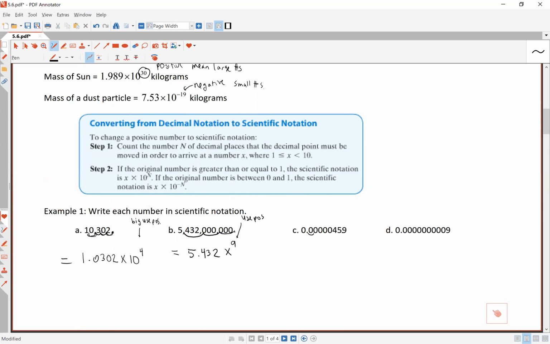So there's 1 space, 2 spaces, 3, 4, 5, which would be 0.459, and 1 more is 4.59. That's the number between 1 and 10, and I moved it over once, twice, 3, 4, 5, 6 spaces. So I multiply by power of 10 with a 6, and since it's a small number, we use negative.